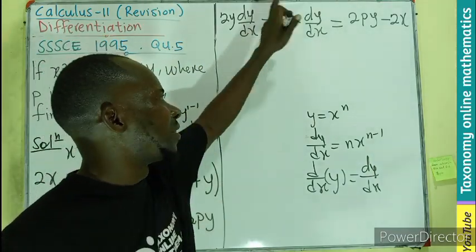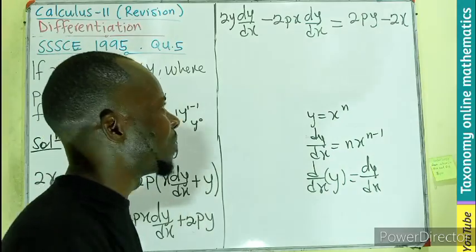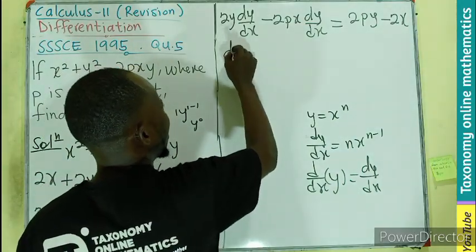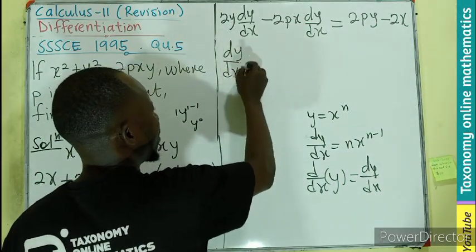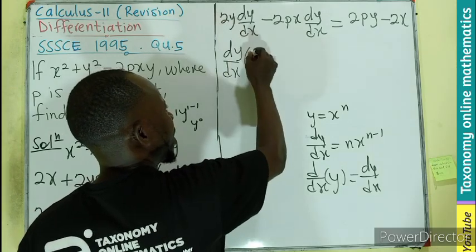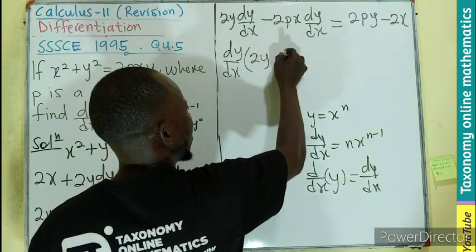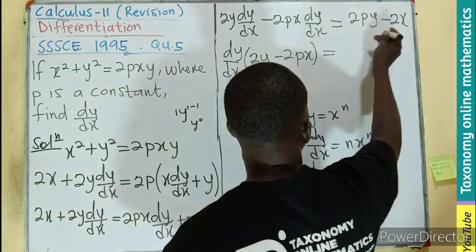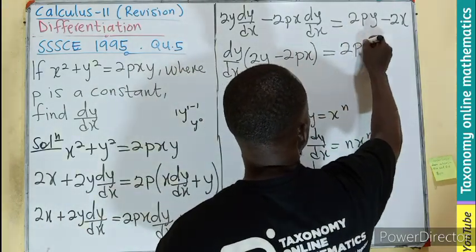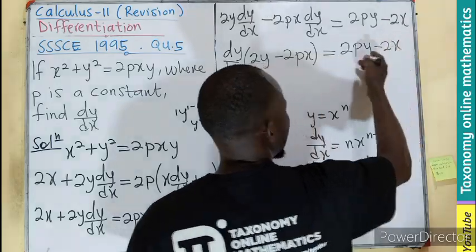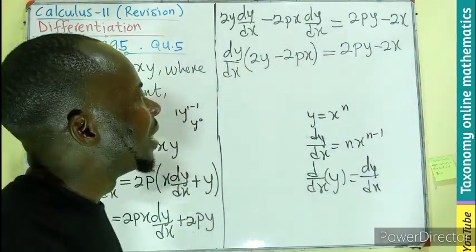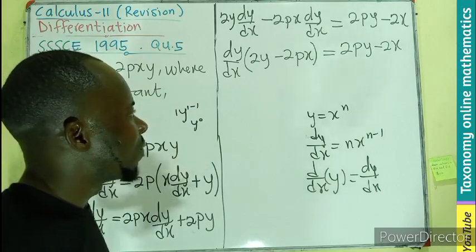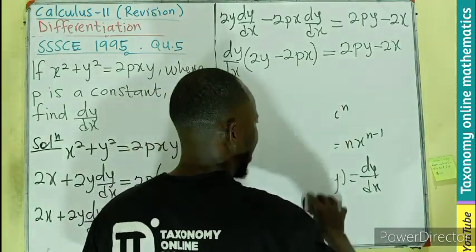And for dy/dx, we can factorize it out to have dy/dx into bracket, leaving the constants 2y minus 2px, still equal to 2py minus 2x. There is a common factor we can see, that will be the 2. We can factorize it.